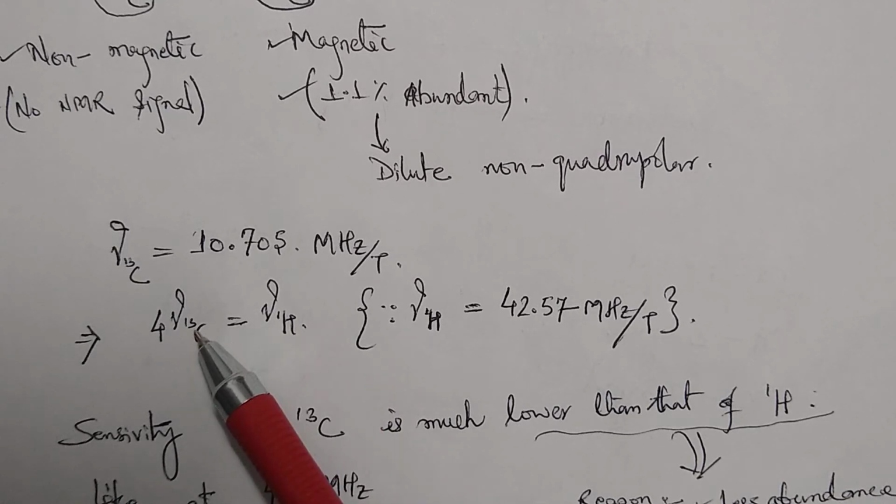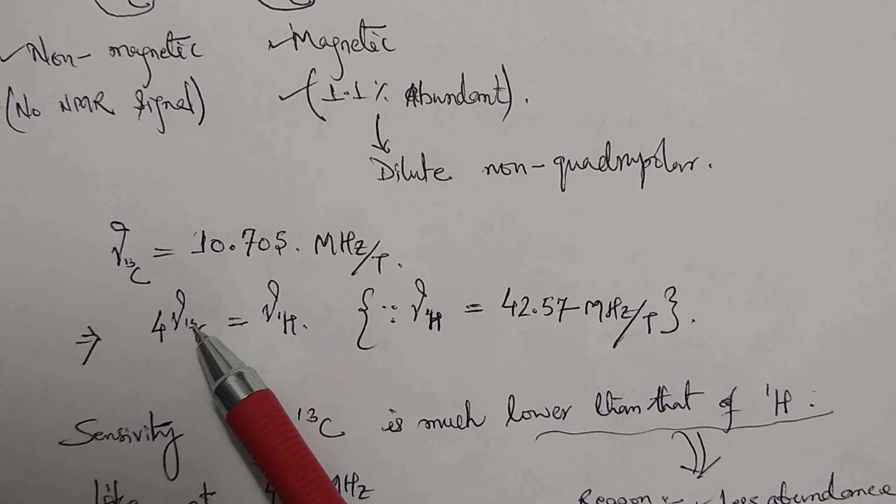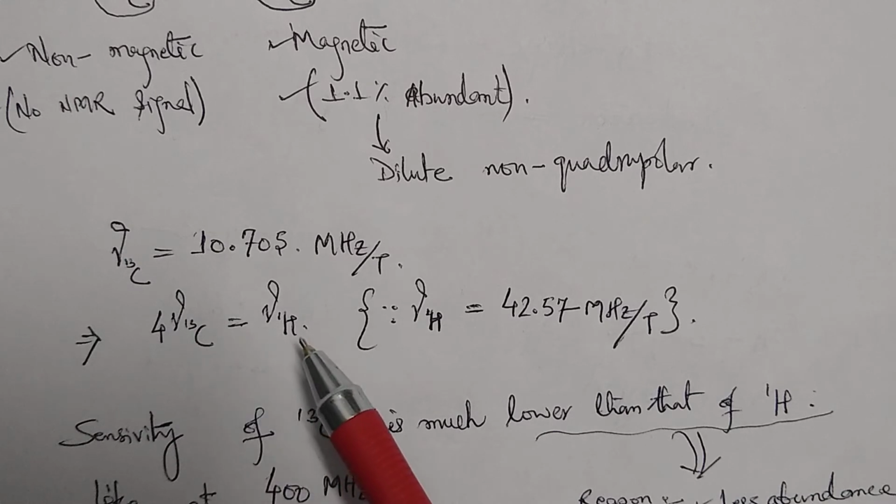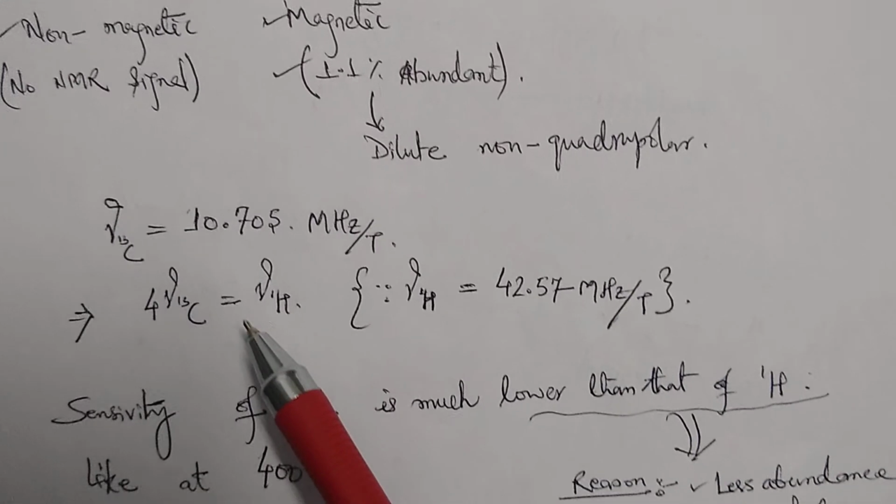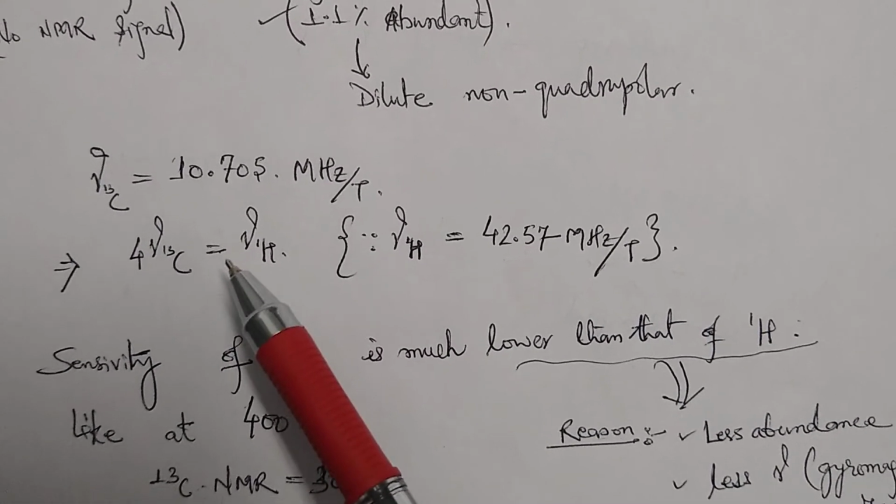Due to this lower gyromagnetic ratio, 1/4 that of the proton, a 400 megahertz instrument for proton will be 100 megahertz for carbon.